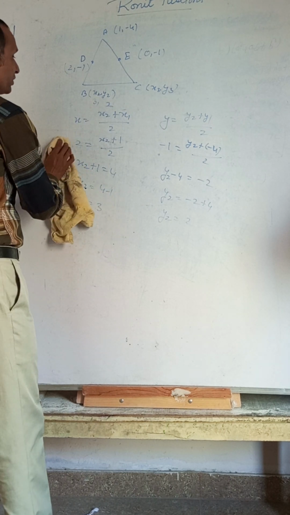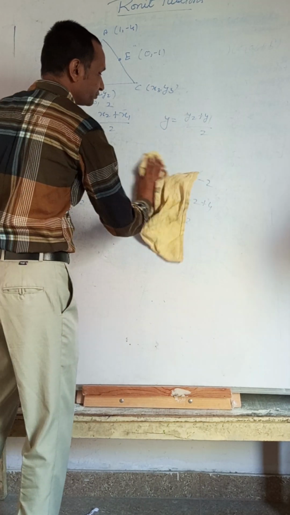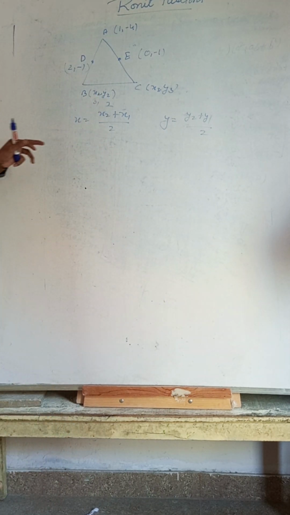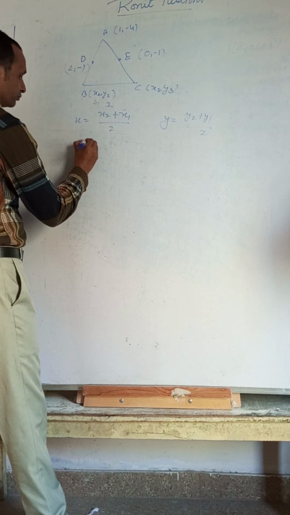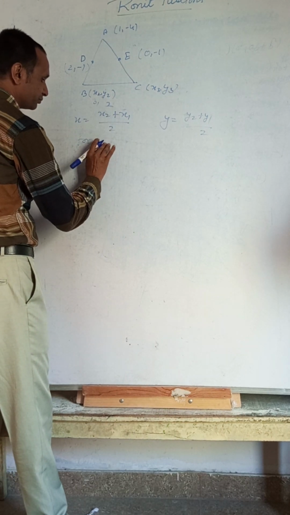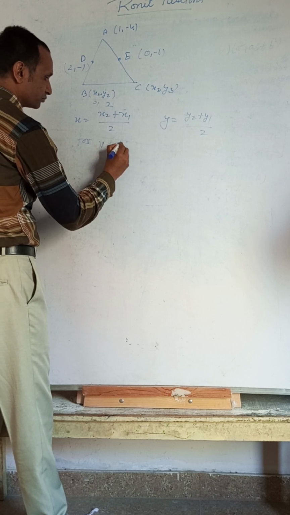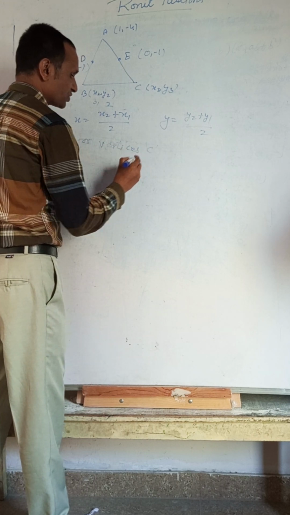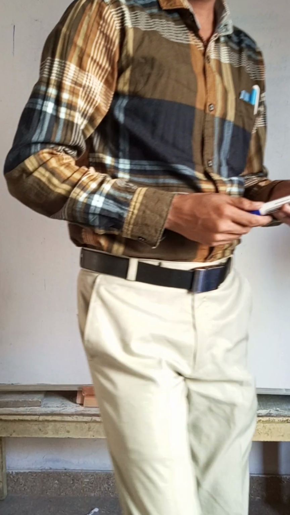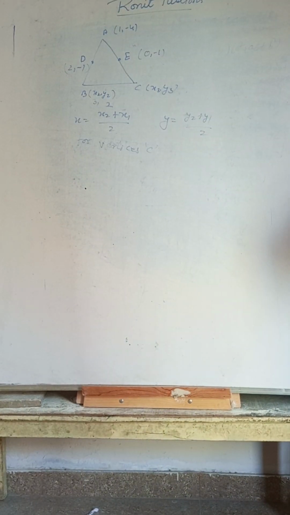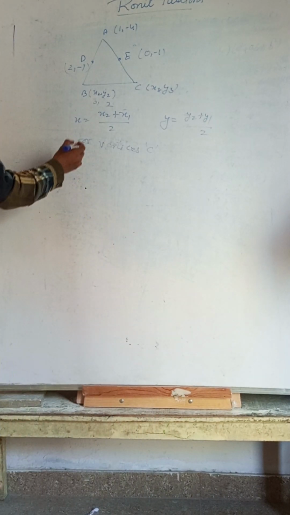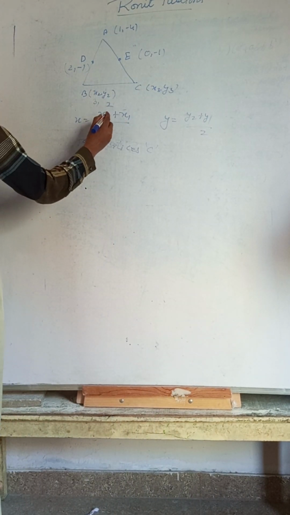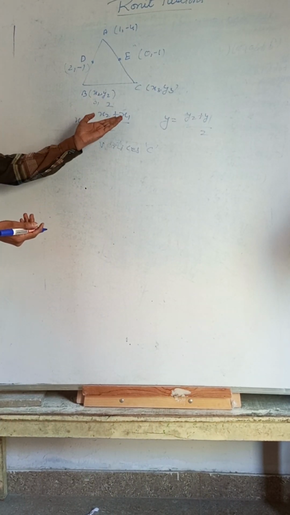After that, we find the value of vertex C. For vertex C, x3 is unknown, so we write x3 plus x1 like this.